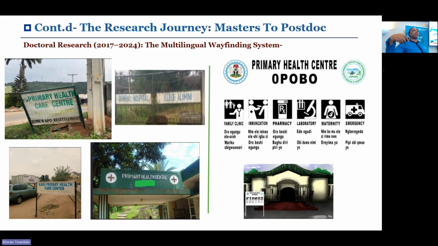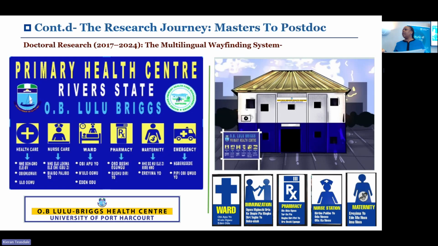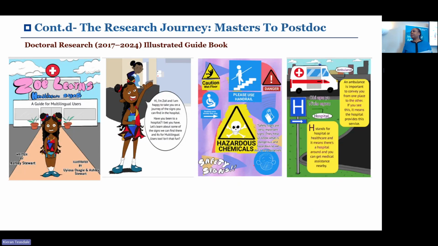I did that to accommodate those who could understand the symbols, but also to include about four other languages: the Igbo language, the Ijaw language, the Ogba language, and then English, which all of us were aware of. To ensure that the Ibani language was kept alive, I focused on that as well.